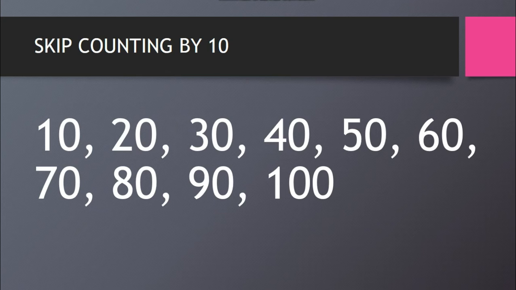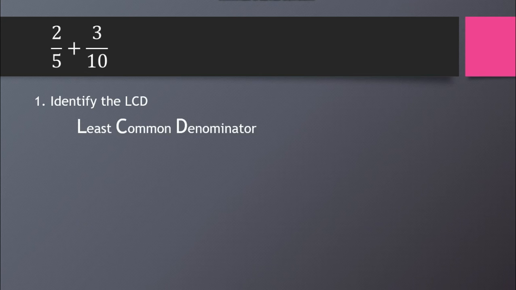Okay, now let's try to add another dissimilar fractions using these examples. So we have a given example, 2/5 and 3/10. Now first thing is identify the LCD, which means least common denominator.